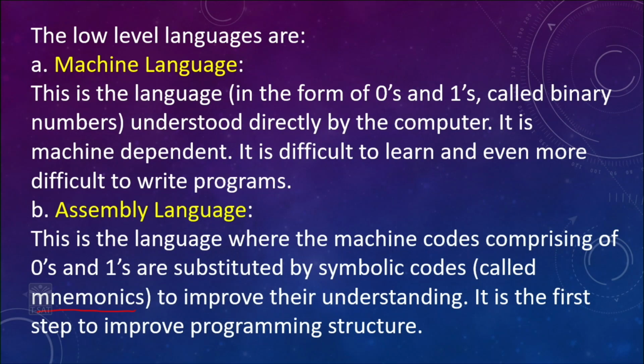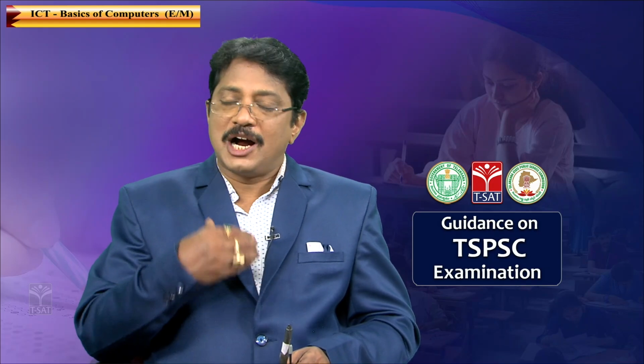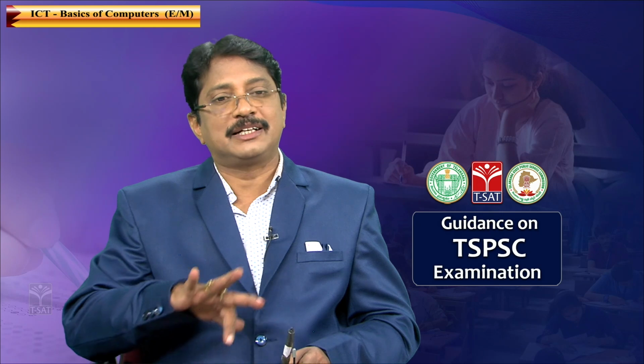It is the first step to improve the programming structure. So, this is an assembly language. The input data we give will be converted into the binary system, because the computer can understand only the binary language, that is called machine language. But the computer will change it using symbolic codes, that is called mnemonics.